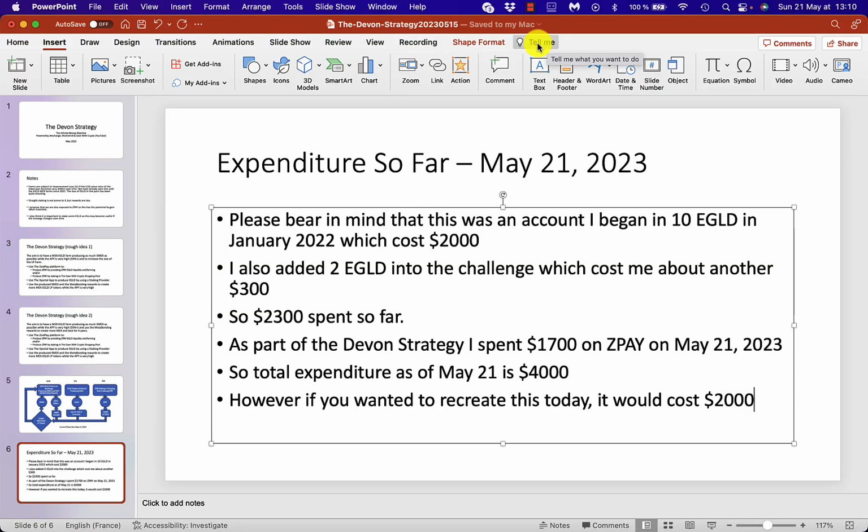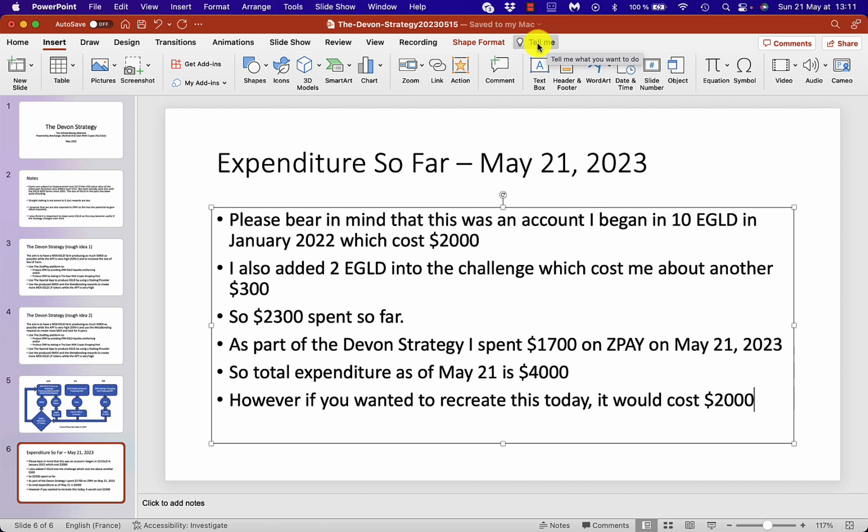Okay, so before we go any further, let's have a look at the expenditure so far. This is going back to when I started off the $2,000 challenge back in January 2022. I bought 10 e-gold, which cost me a stunning $2,000. And later that month, I also added 2 e-gold into what was the MyR app then, on the staking, to provide money for fees and stuff.